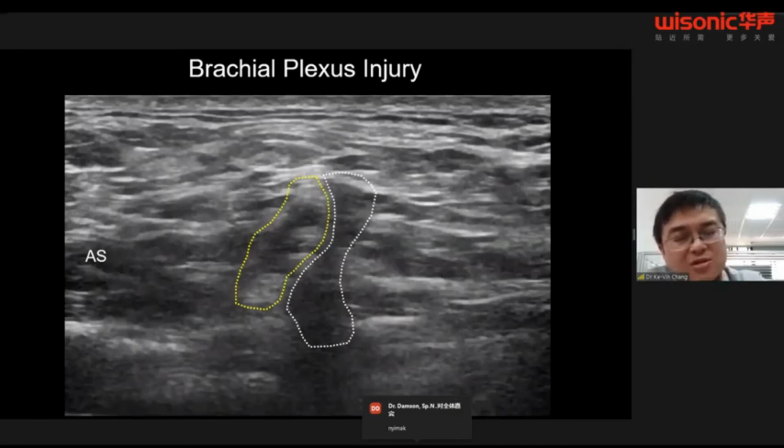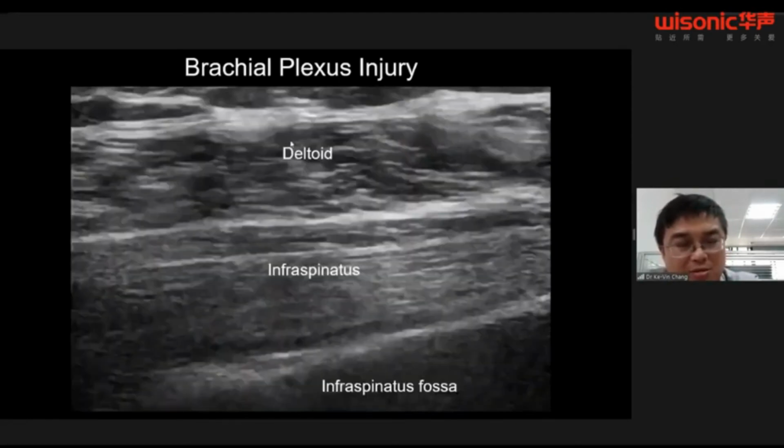That means only the myelin sheath is damaged. But the endoneurium and perineurium are relatively intact. But in some severe cases, you may find some of them have avulsion from the root level or rupture at the peripheral nerve, and in some cases, they are going to develop neuroma.